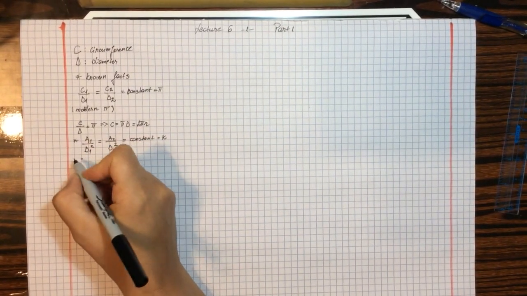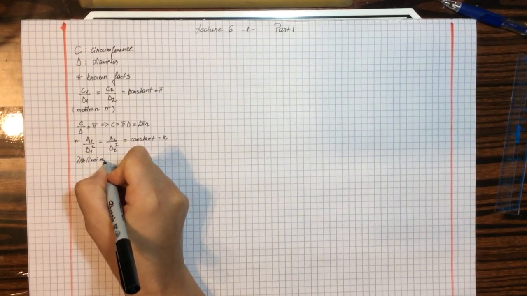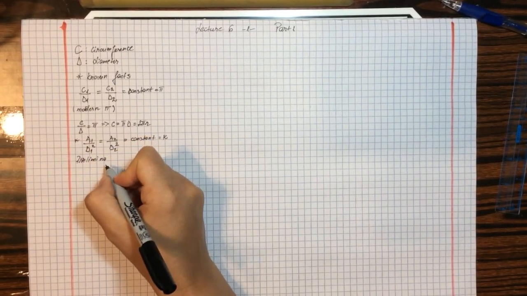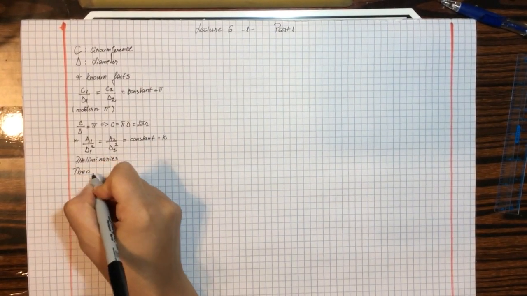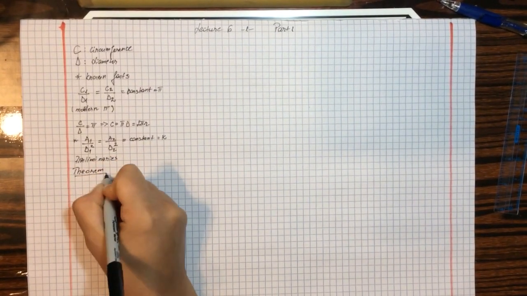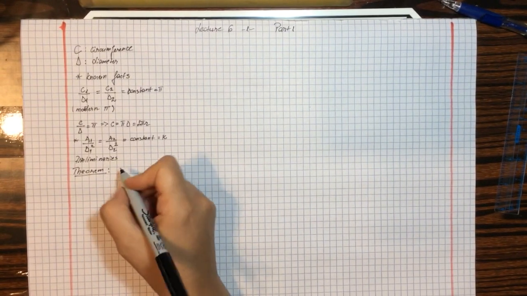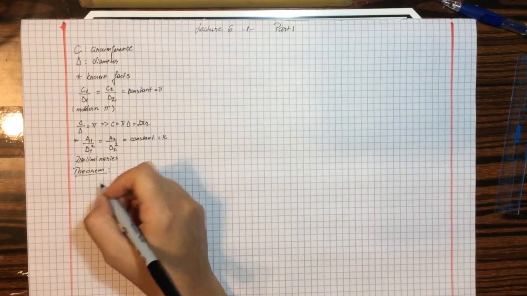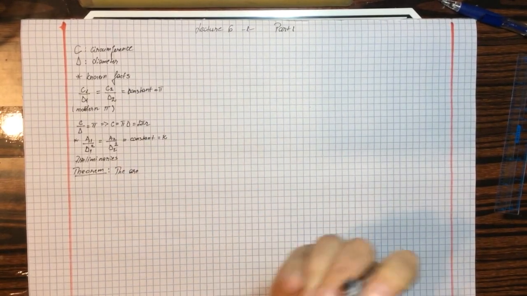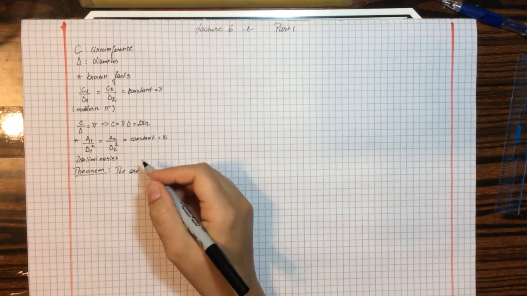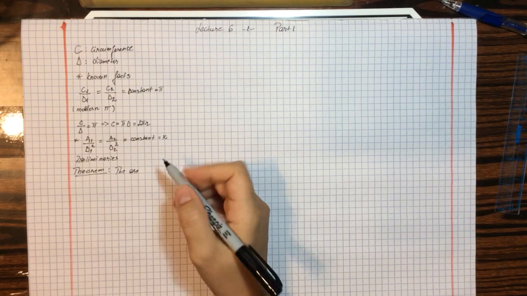So here are the preliminaries. Here is a theorem that concerns the area of a polygon. All right, so the area of a regular polygon. Remember, you maybe remember, maybe don't, but last time we talked about what a regular polygon is.